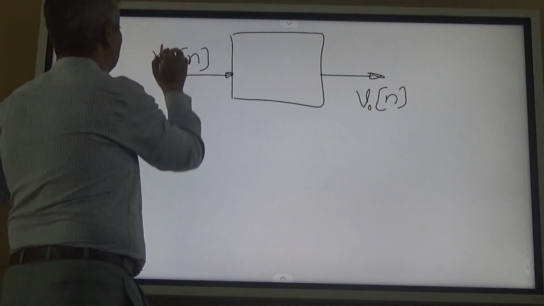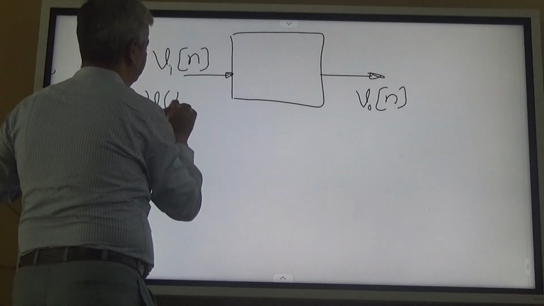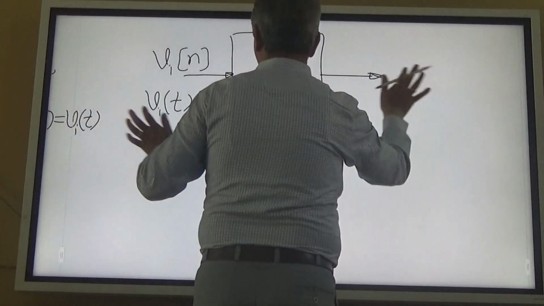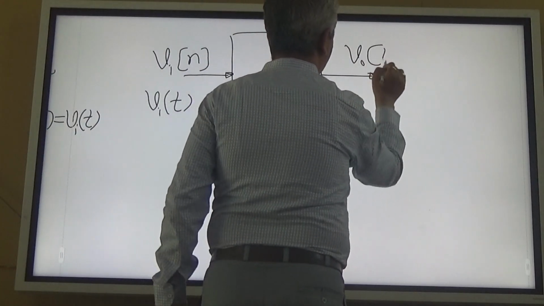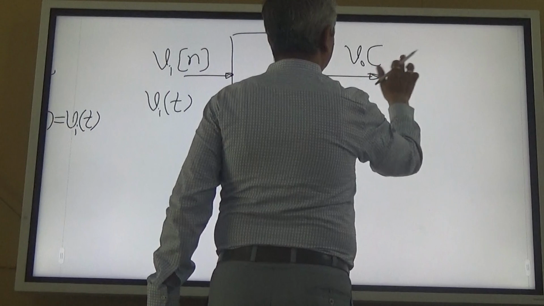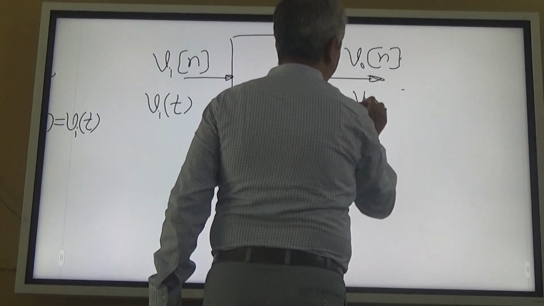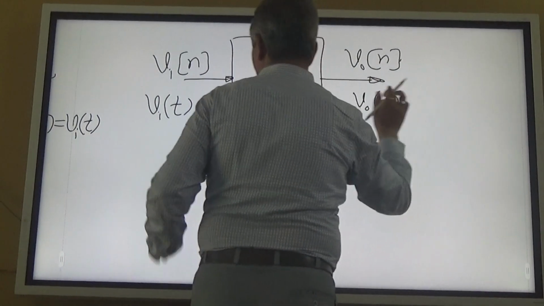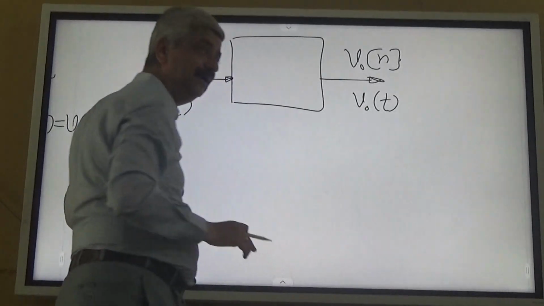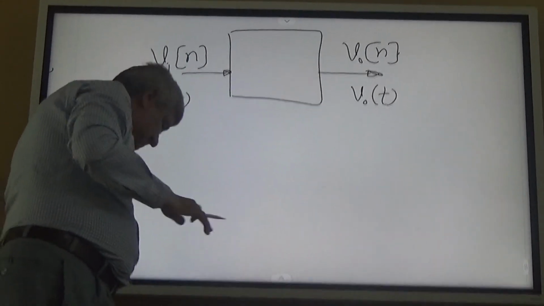What have I got? I have Vin(t), and I actually obtained Vo(t), but I am unable to establish the relationship.